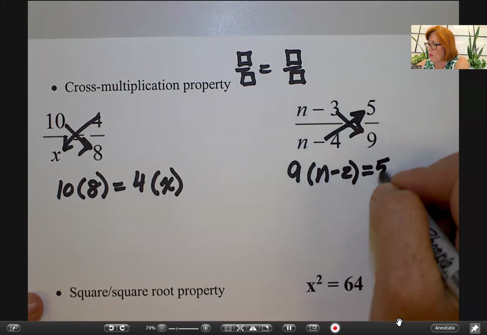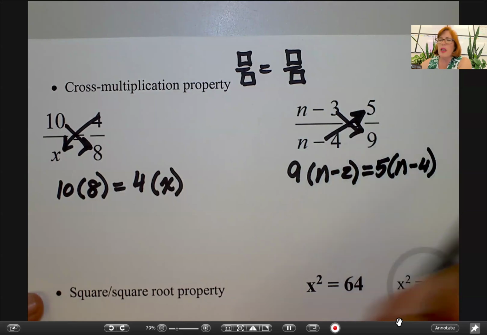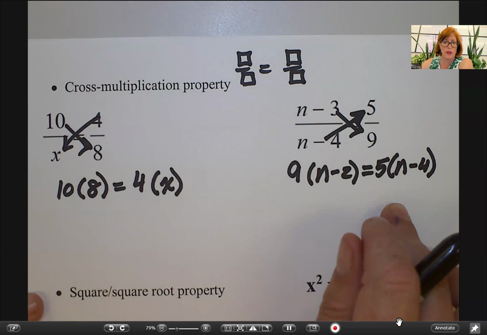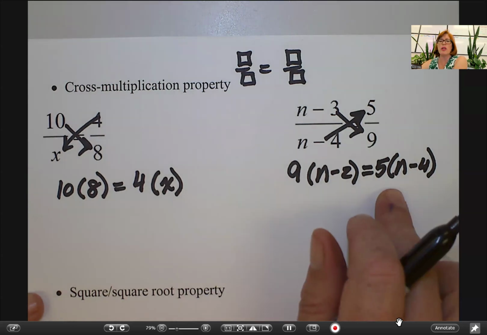Notice I did not immediately distribute. Never cross multiply and distribute in the same step. That's 2 different steps. So that's called the cross multiplication property. Cross multiply, not cross cancel.